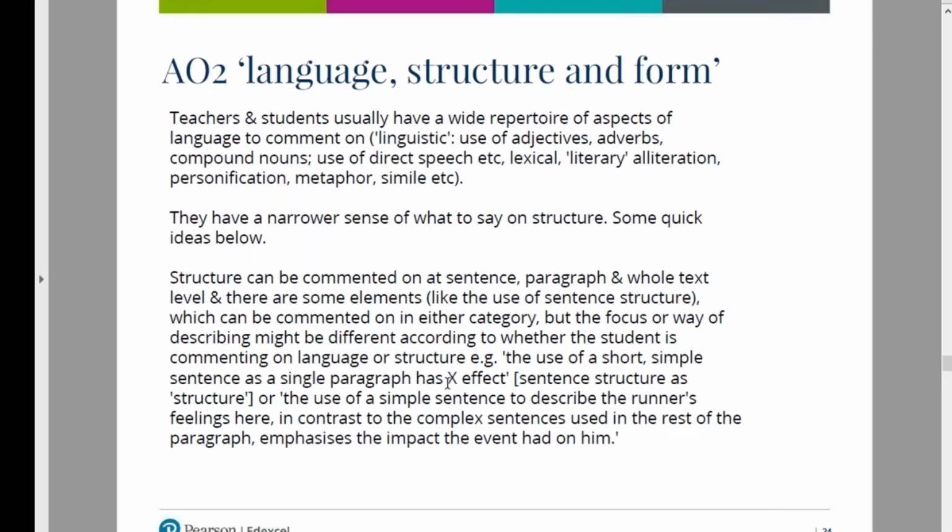So often whether a point is considered as language or structure would depend on how the point is focused. So in the wording on this slide, I tried to show the difference between commenting on sentence structure as structure or as language.